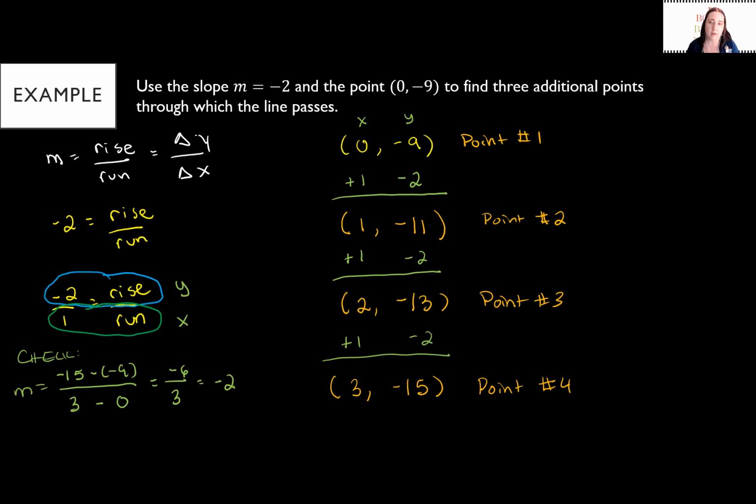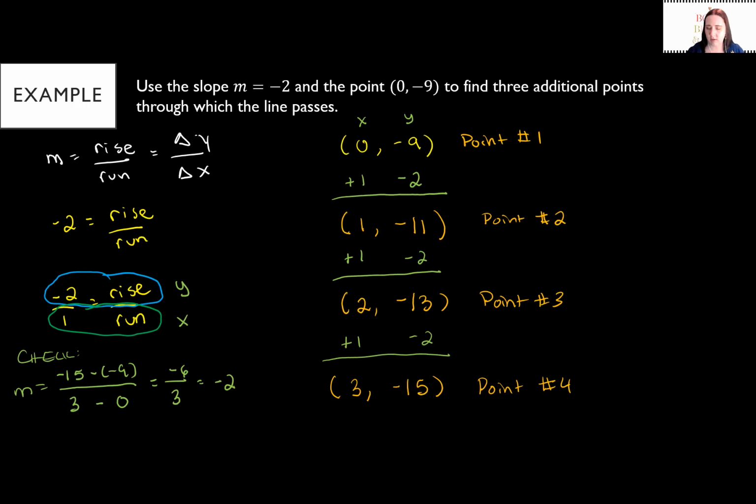So you can check and make sure that the points you're generating do have the same slope. Another way to check that you're doing this correctly, after you've checked that they do have the correct slope, is to check that if you connected them all, they do form a line. Because if you made a mistake, then there wouldn't quite be a line between them.